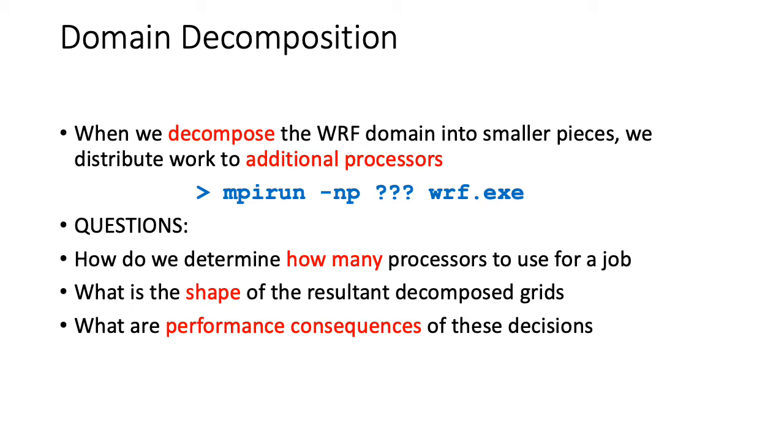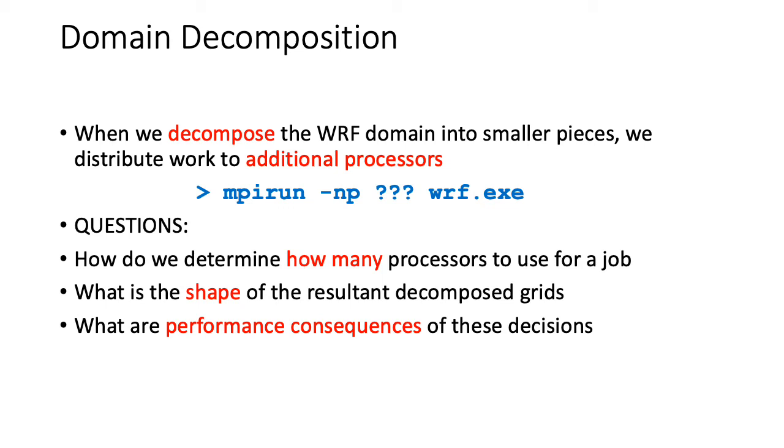A user gets to determine how many processors to chop the domain up into, and that's a runtime decision. For example, you say mpirun -np n wrf.exe, where n is the number of MPI processes that you would like to have.